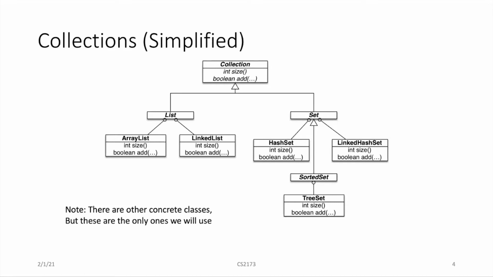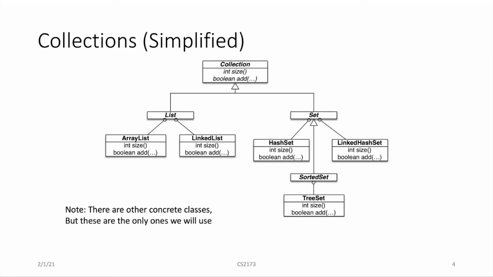And so in Java, instead of using arrays, you would use one of these collections. Now, one of the things that Java has that puts it way beyond all of the scripting languages that I'm aware of is this collections framework.